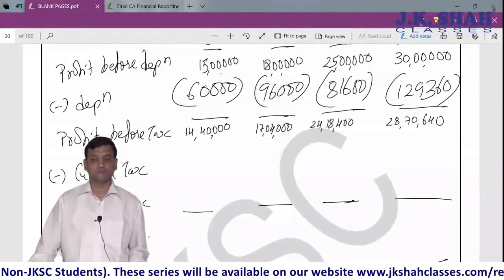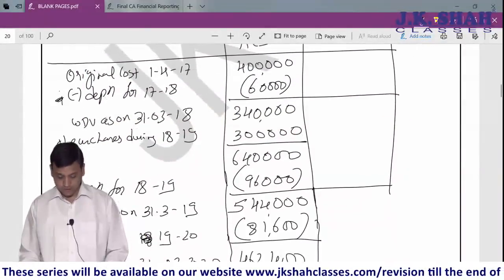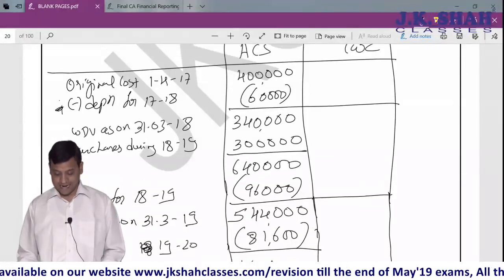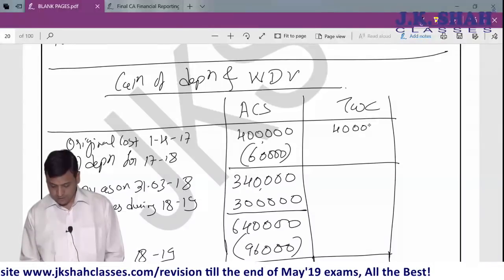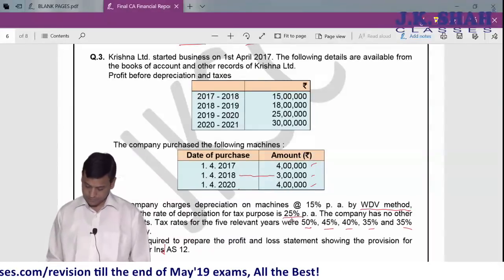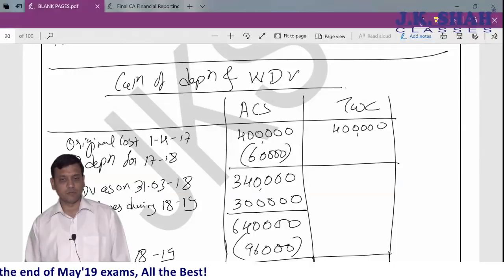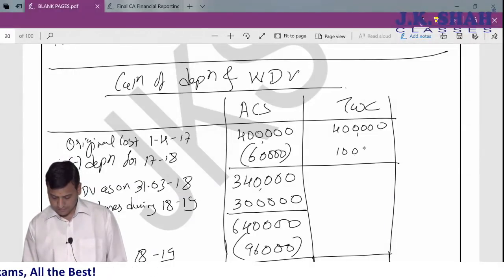Clear, all of you? Now we have to find out current tax. What will be the current tax? For current tax, can I say we need to first find out what is the depreciation as per tax? So on 4 lakh, they are going to charge depreciation at the rate of 25% WDV. No mention is there, so it is the WDV method only. 1 lakh.